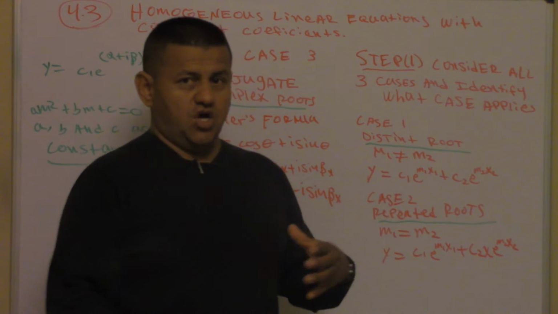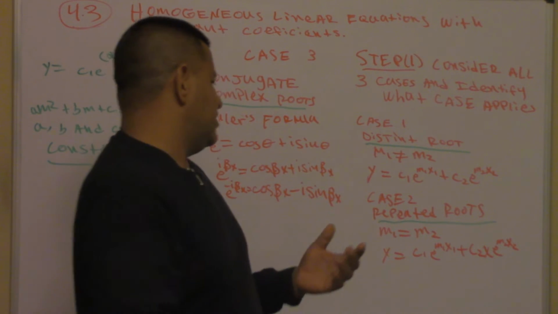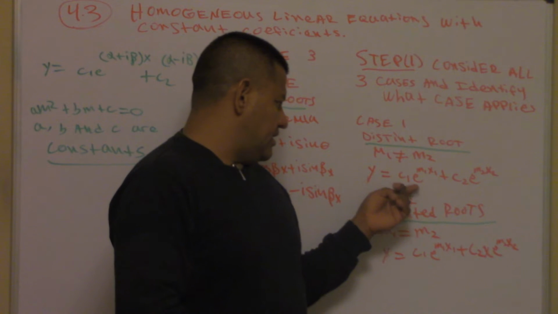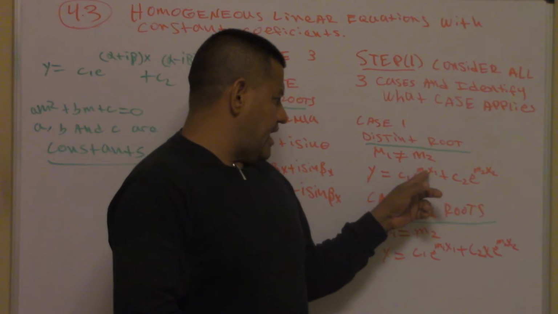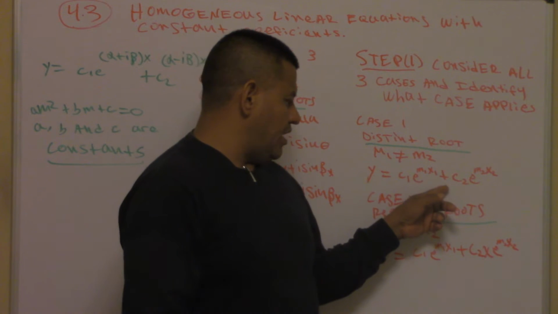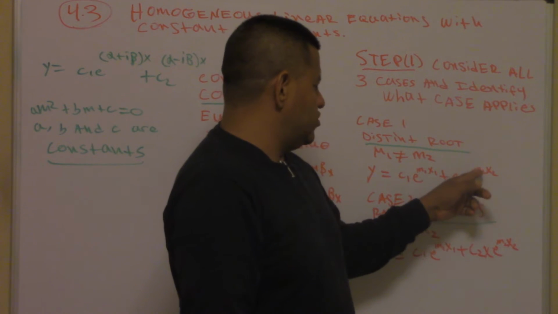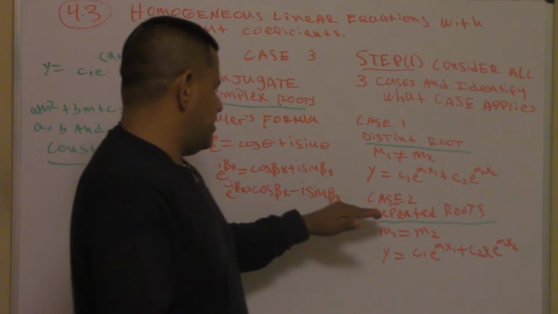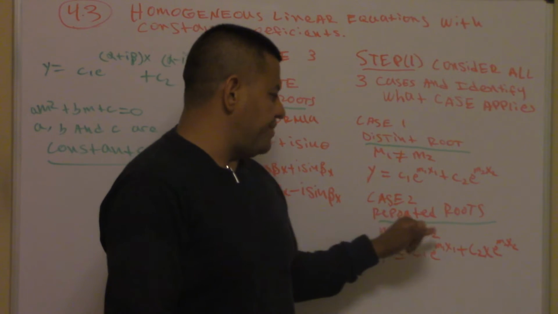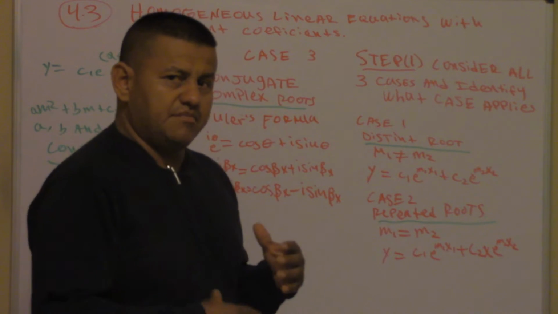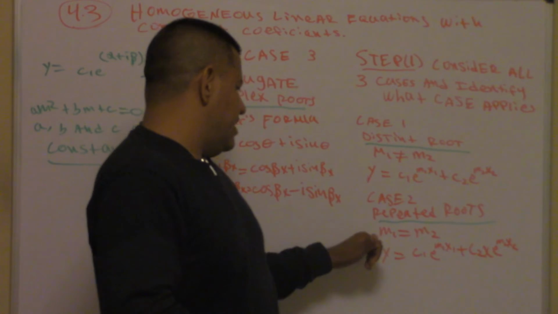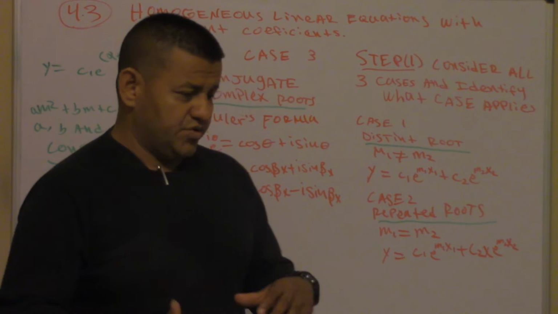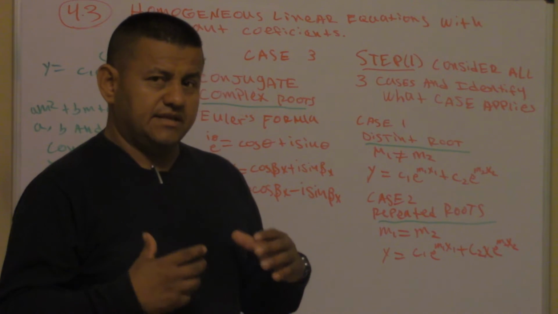the general solution, or the complementary solution, is going to be C1 e to the m1 x plus C2 e to the m2 x. On case 2, we have a repeated root, which means that m1 equals m2. In other words, the root will be the same.